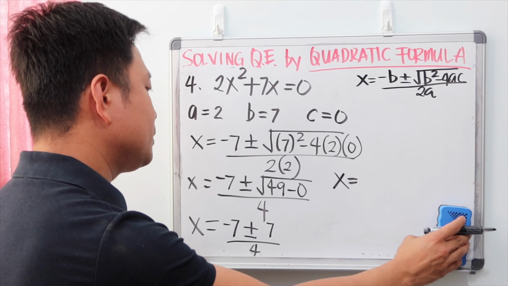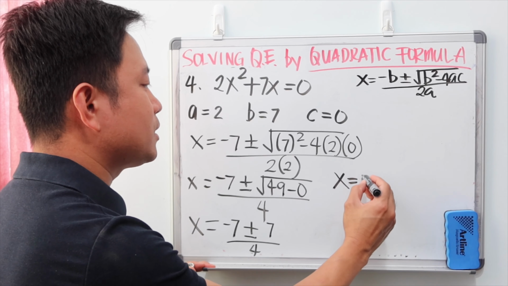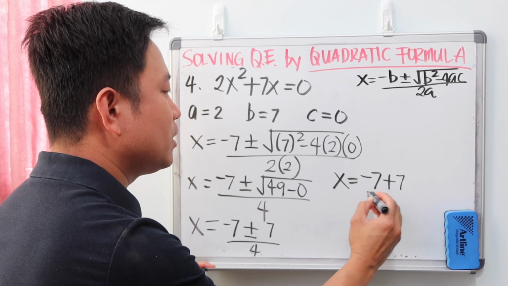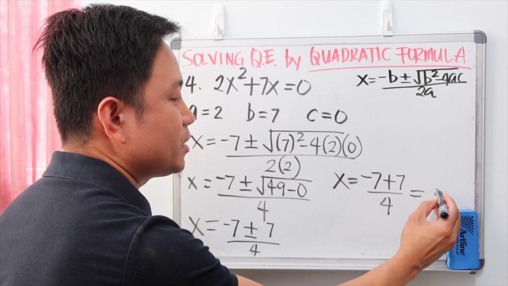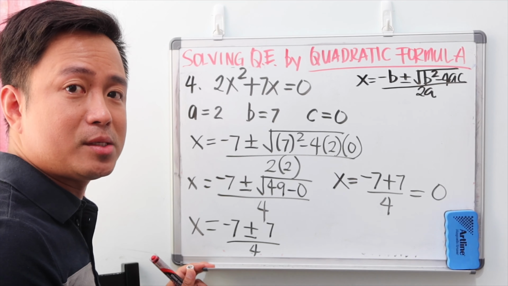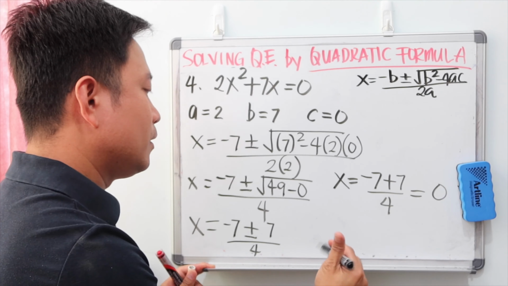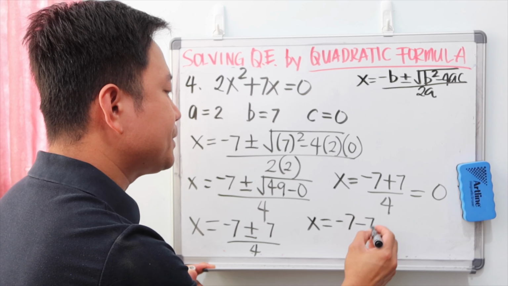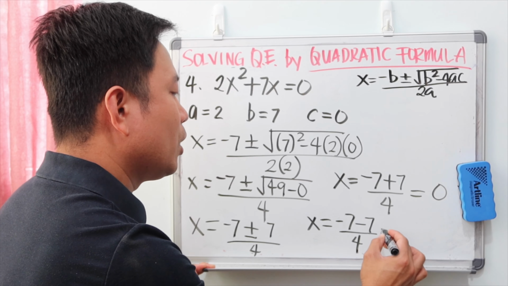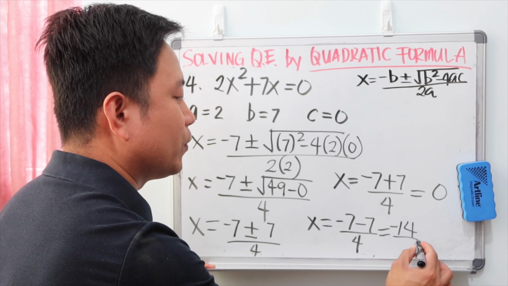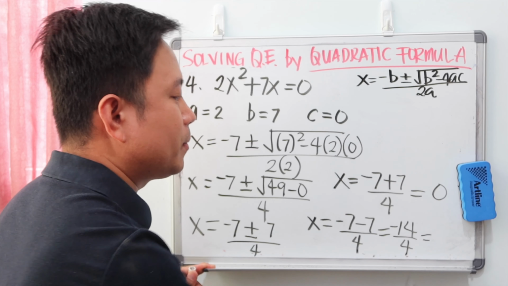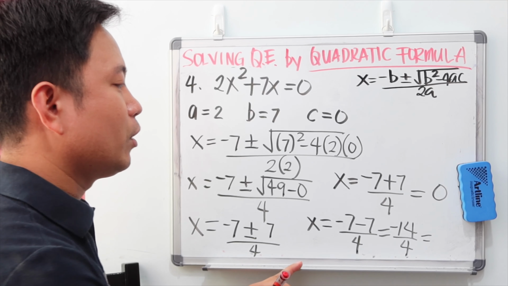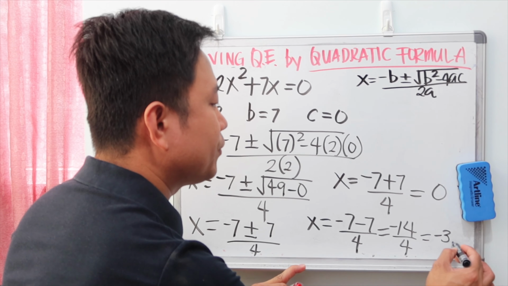One of the values for x is negative 7 plus 7 divided by 4, which is 0 over 4, or simply 0. The second value of x is negative 7 minus 7 divided by 4, which is negative 14 over 4. In simplest form, that is negative 7 over 2, or negative 3.5.